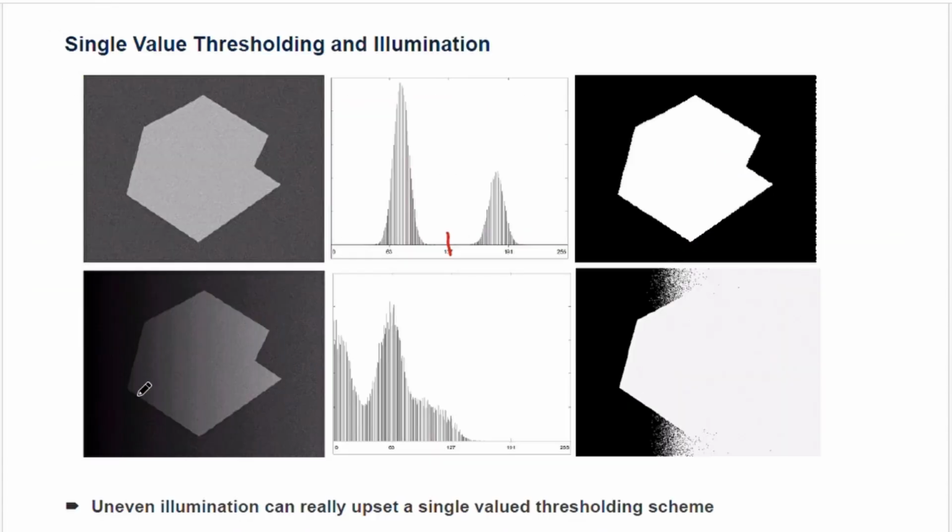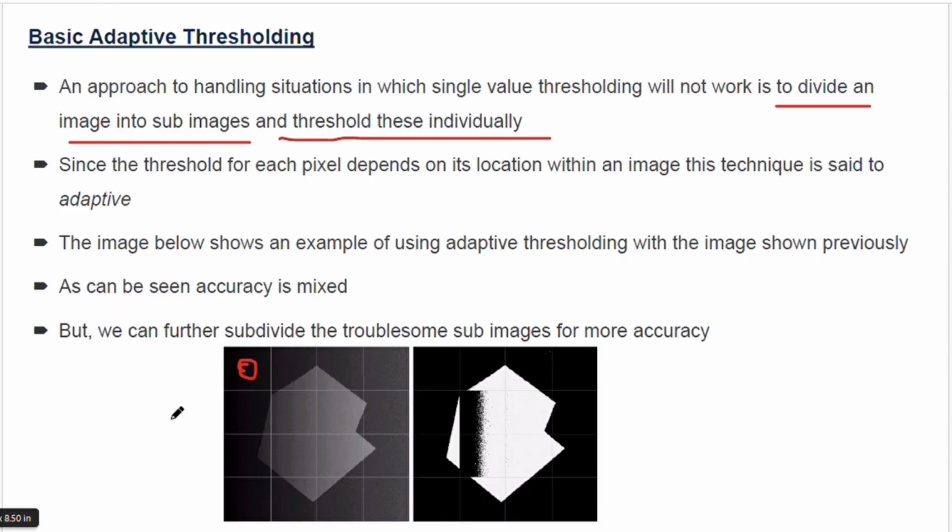Previously I have shown this is the image. With a single level thresholding, we are not able to get this image, okay, because of uneven illumination. But if you split this image using adaptive thresholding, we split the image, and for each sub-image, apply the thresholding process individually. That is the reason it is called adaptive.